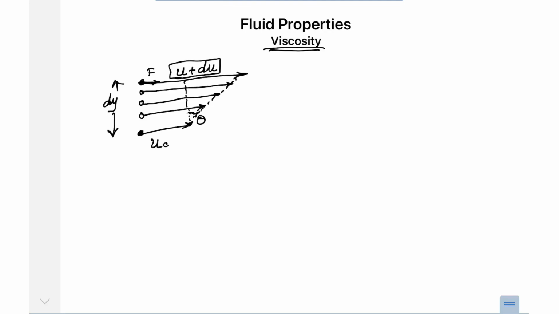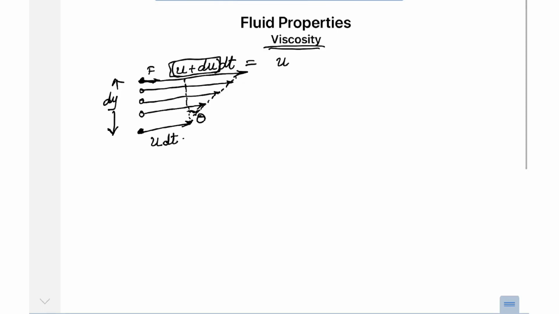Now suppose the first particle traveled a distance of u into dt in the given time, then the above particle will travel a distance of u plus du into dt. If we elaborate this equation, it will be equal to u into dt plus du into dt, and u into dt is already written here.